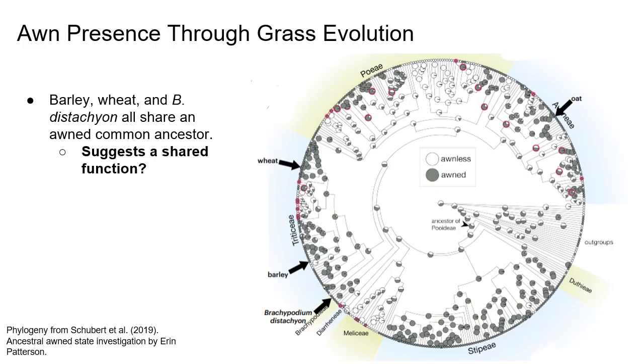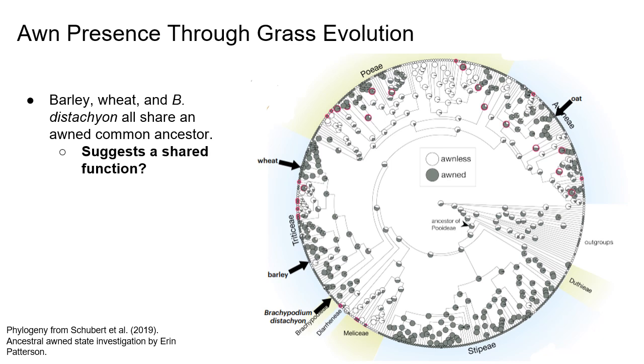So, to start out with awn evolution, below is a grass phylogeny focused on the Pooideae, the subfamily containing wheat, barley, and Brachypodium. The circles at each node or intersection represent an ancestral state reconstruction that predicts the likelihood of awns being present or not in recent ancestors based on their modern descendants' awned or awnless states.